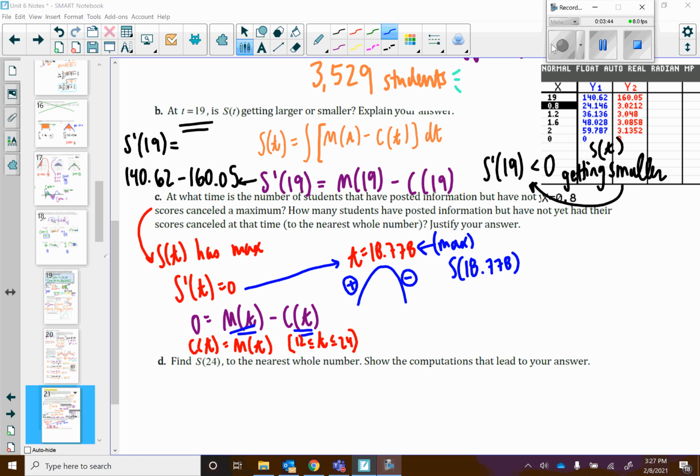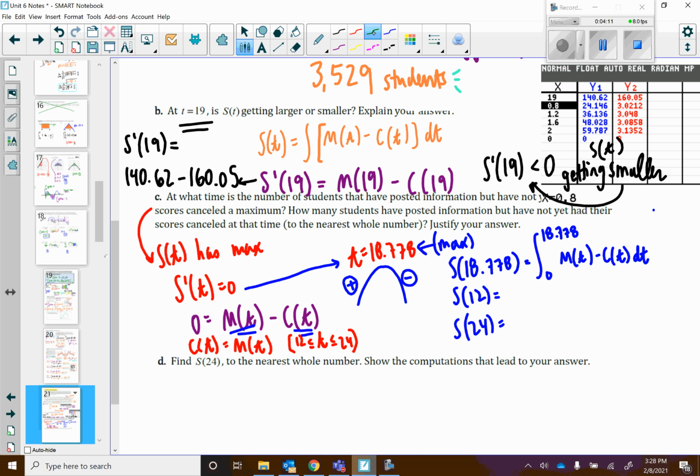So I also need to look at S of 12 and S of 24. To find these, we are going to calculate the integral from 0 to that number. So the integral from 0 to 18.778 of s of t, which is m of t minus c of t dt.